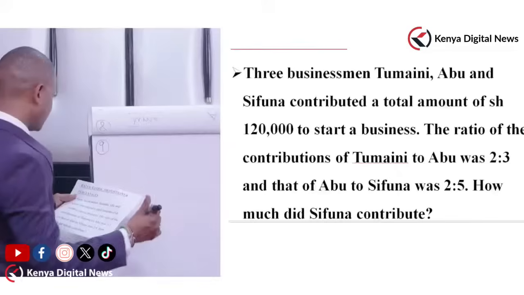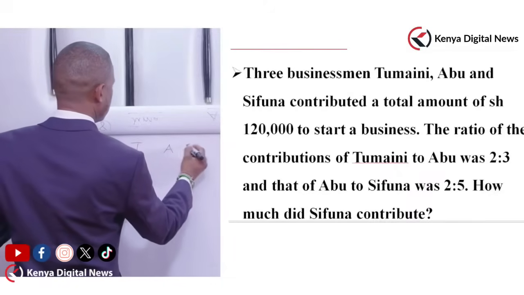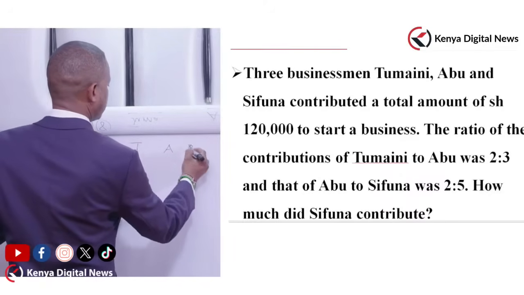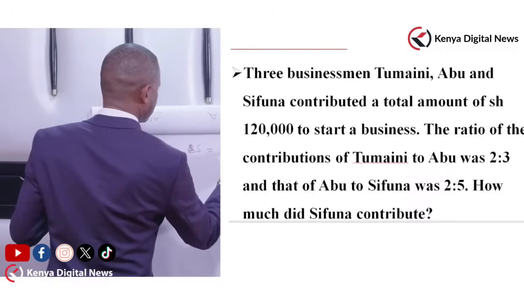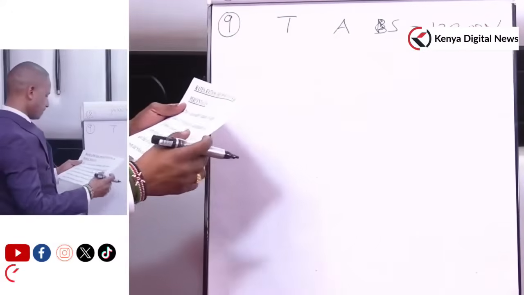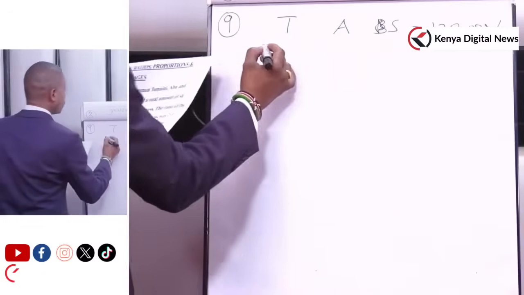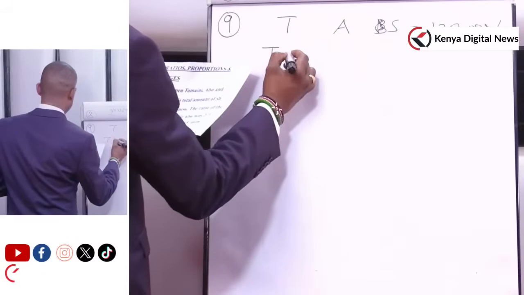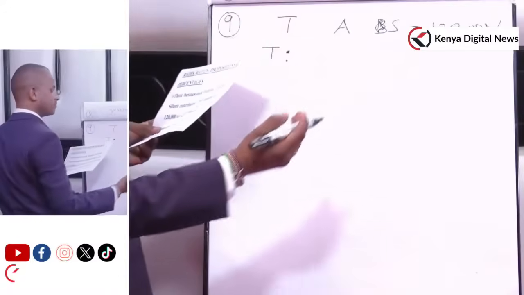So, 3 businessmen, just write down, Tumaini, Abu, and Sifuna, contributed a total of 120,000 shillings. The ratio of the contributions of Tumaini, this is under rates, ratios, proportions, and it comes together with percentages.